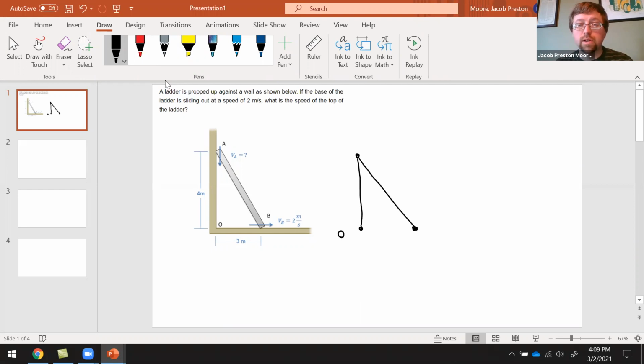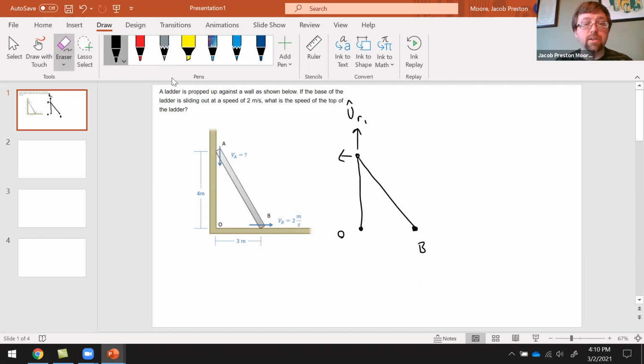So O, A, B. For each of these, I also have the angles, or the directions. If I'm going from O up to point A, my R direction, UR1, would be going straight up. U theta 1 would be going out this way.